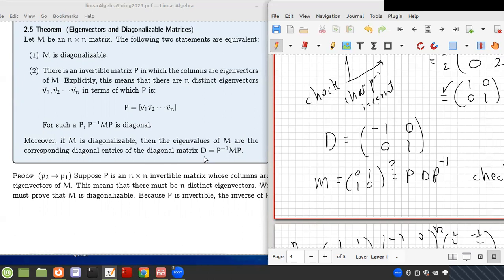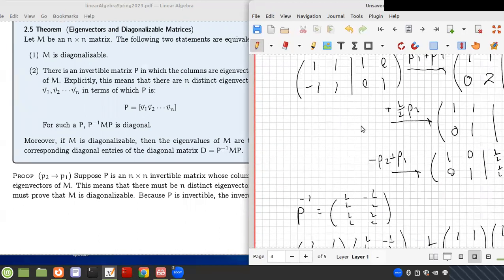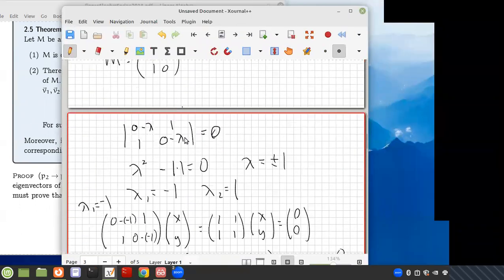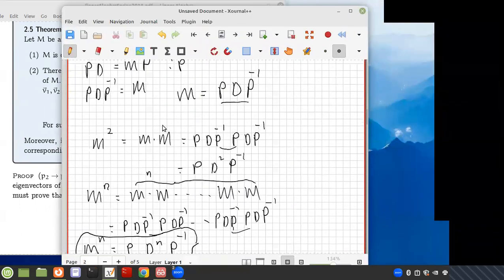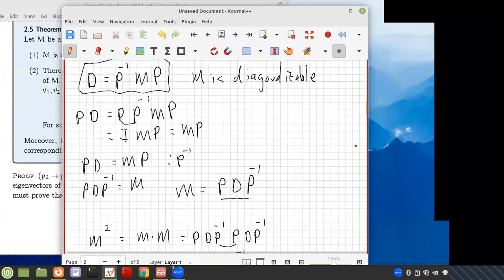So since we found distinct eigenvalues, we know that this matrix here exists and will be invertible, so that this is true. But then we took this and inverted it, so we have M equals P D P inverse. But then we saw above that if this is true, then we can just turn it around and see that this is true.